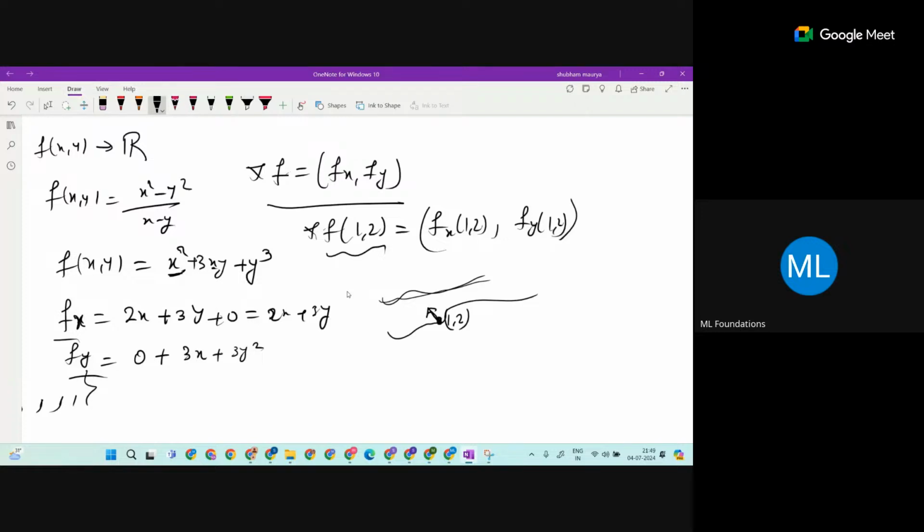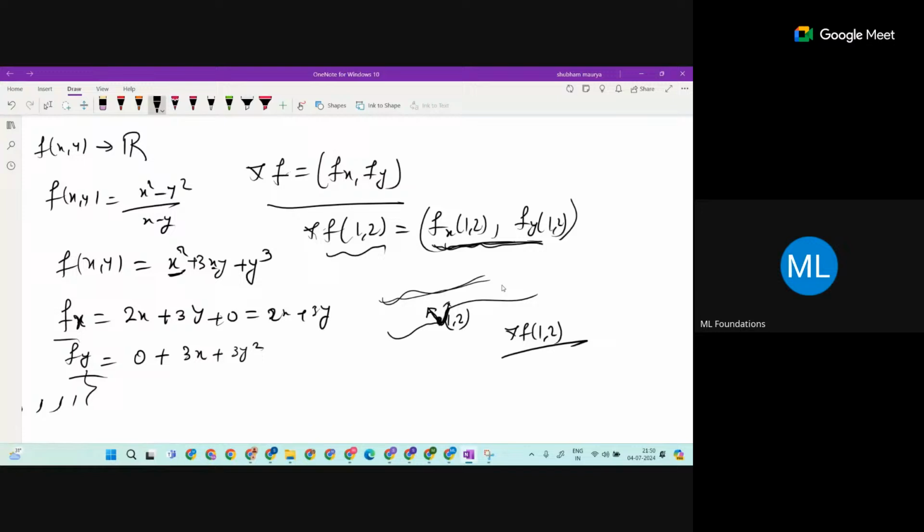What is going to be that direction? You will get a vector here. What does a vector contain? Magnitude and direction also. So in which direction should I move, what is the vector along which we move to get the steepest ascent? That is going to be the gradient of the function at that point, the positive value of the gradient.